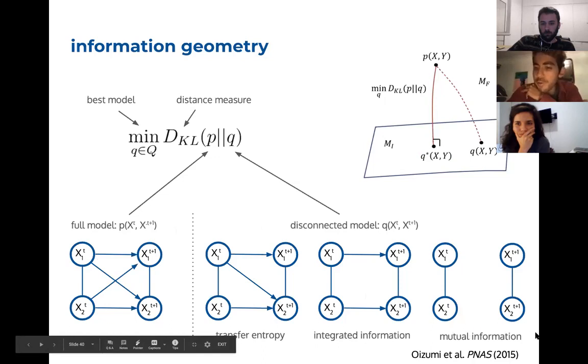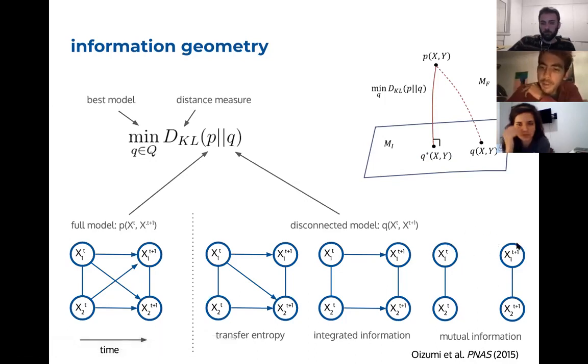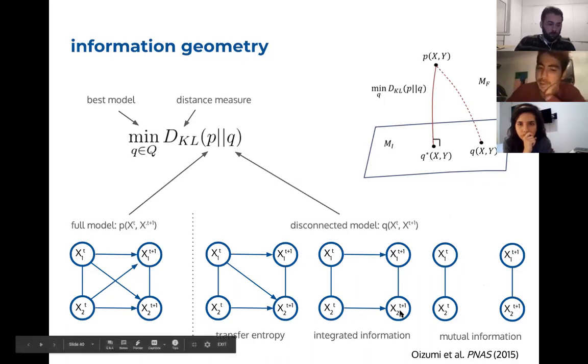So for example, mutual information, it's given if you remove all sorts of influences and you're just asking whether there's information that flows from time t to time t plus 1. Okay. And the way to look at integrated information is that you allow every unit. So, is this diagram clear?